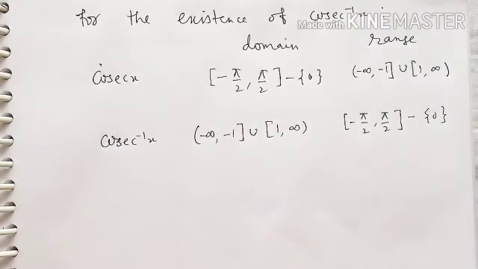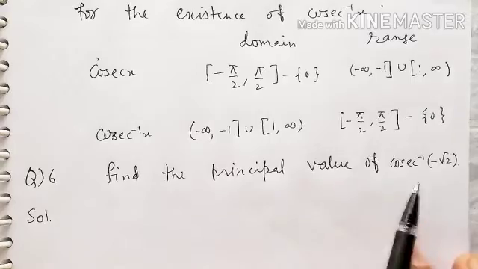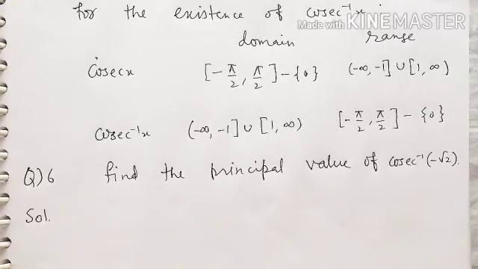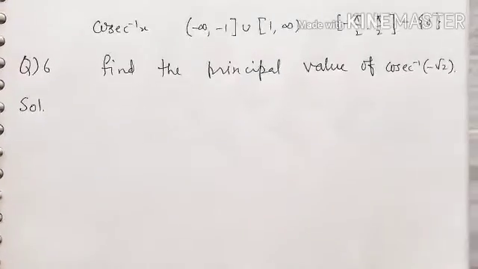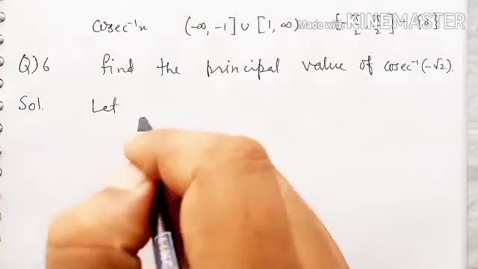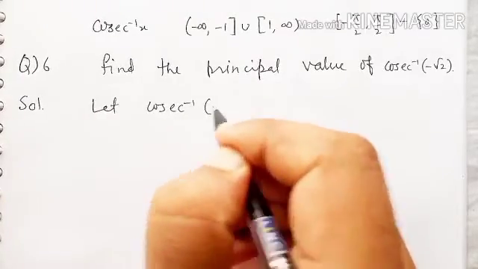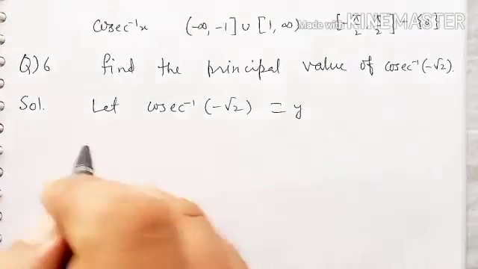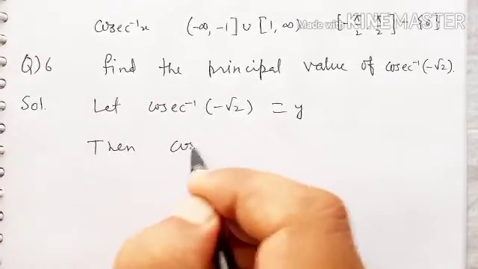Now the question. Find the principal value of cosec inverse minus root 2. Let cosec inverse minus root 2 be y, then cosec y is minus root 2.